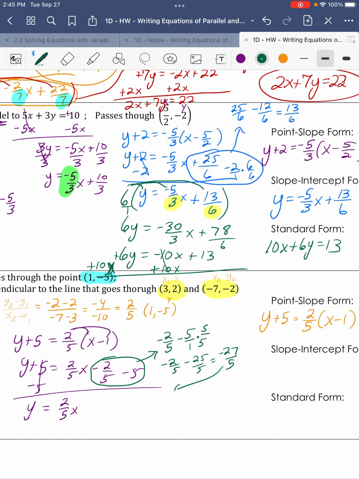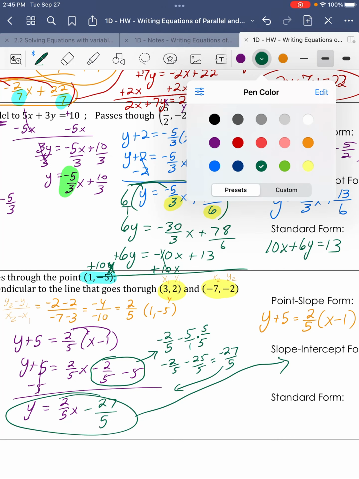So I'm going to put that into the y-intercept. And there is slope-intercept. Now we need to change that to standard form, so we need to multiply.